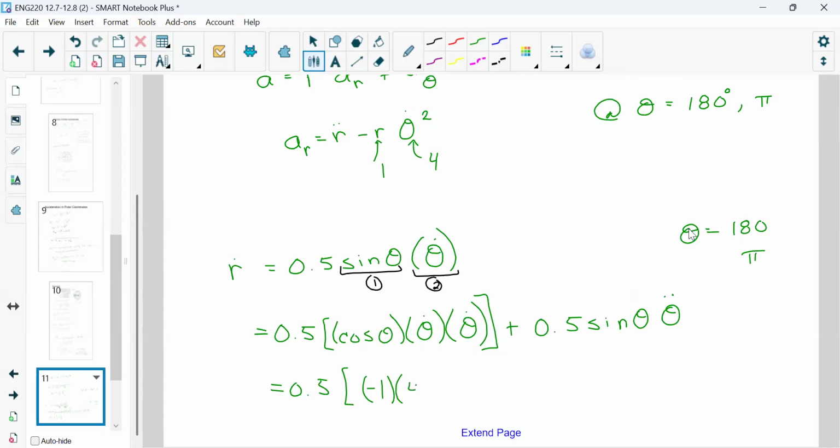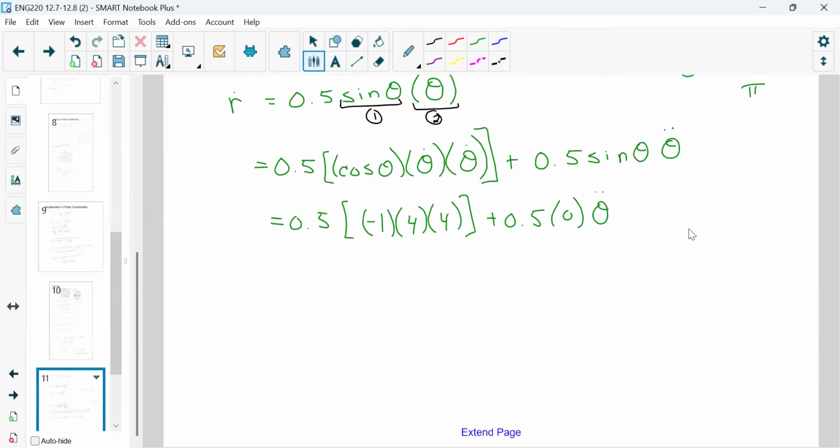We already found that that was 4 times 4. Correct? Plus 0.5 times 0 theta double dot, so that term is gonna go away for us. So this is then gonna equal -8, which is then going to be my R double dot.